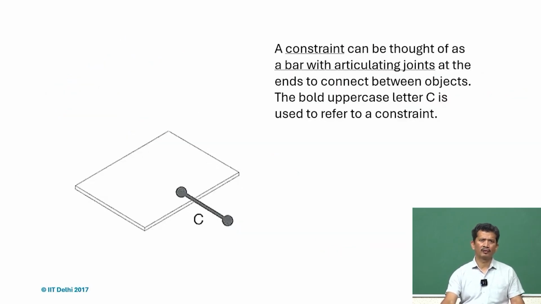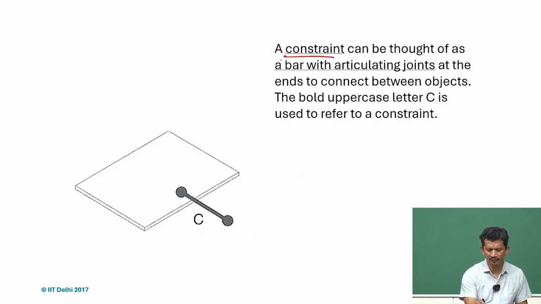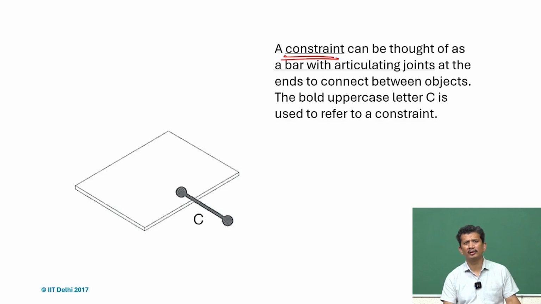So, we can use some abstraction here and we will try to define what is a constraint and what is the best way to represent it. Whenever we are trying to design some constraint device or want to design a system where we want to have certain degrees of freedom with certain constraints, how to represent it.